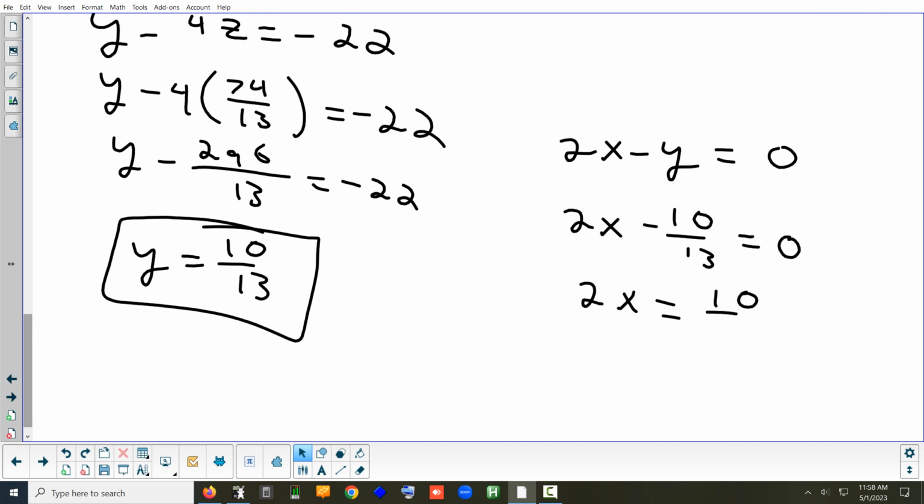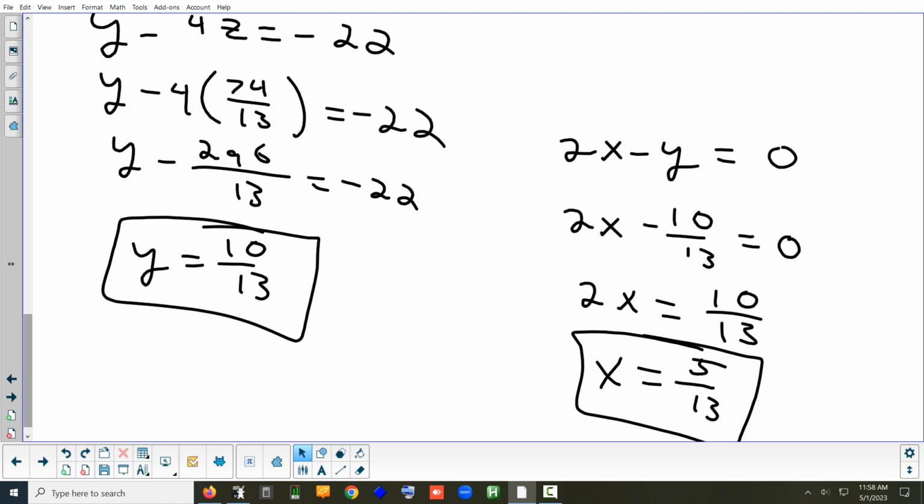Positive 10/13, and then dividing each side by 2. What's half of 10 thirteenths? 5 thirteenths. So even though we got fractions, we were able to avoid fractions right up until the very end. And it wasn't too bad, especially with the calculator to convert for you.